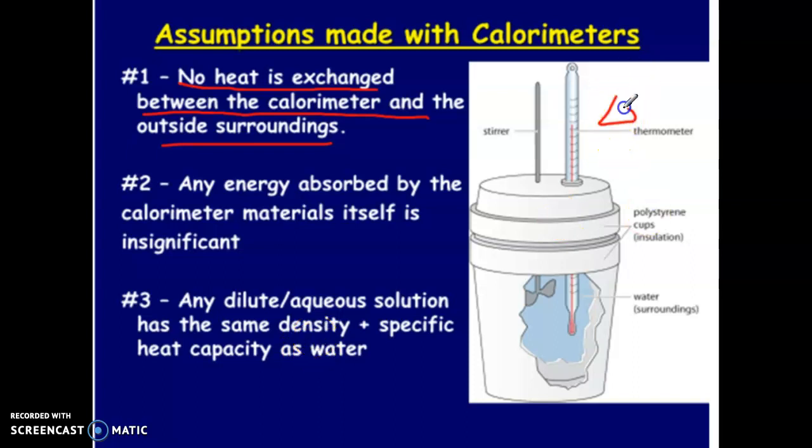So meaning this change in temperature that we are seeing on the thermometer, we are assuming that it is all coming from the system going on inside of the cup itself. Okay, the second assumption is that energy absorbed by the calorimeter itself is insignificant.